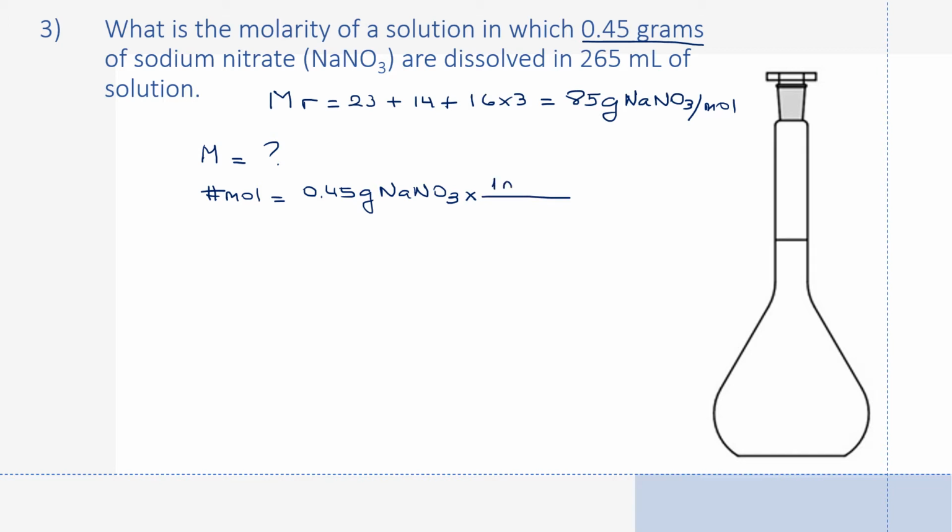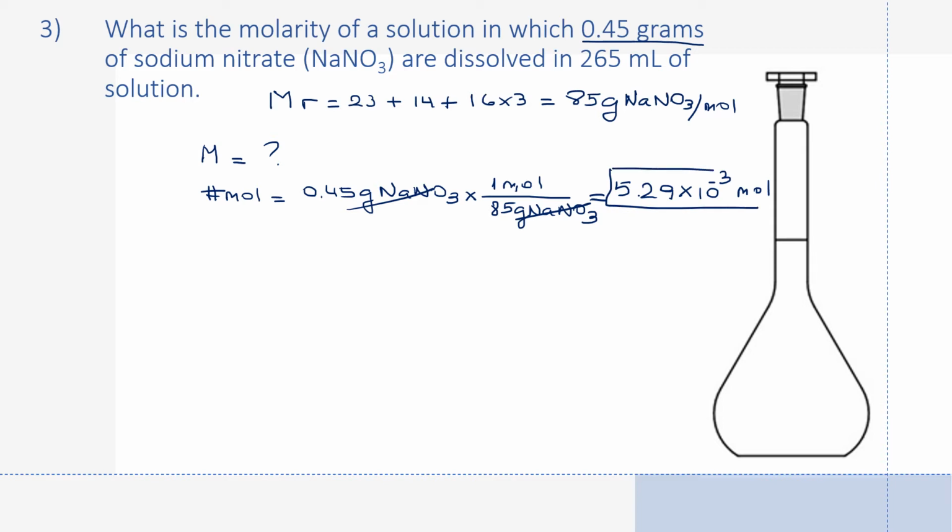So 1 mole is equal to 85 grams of sodium nitrate. That is the same as 5.29 times 10 to the negative 3 moles.